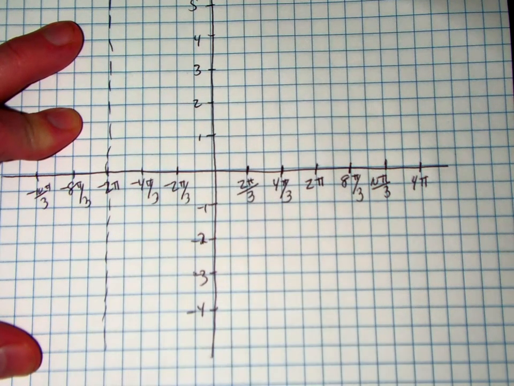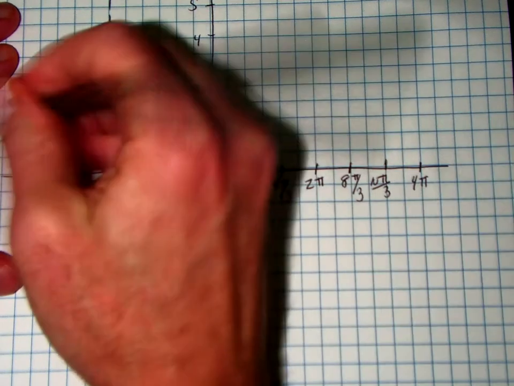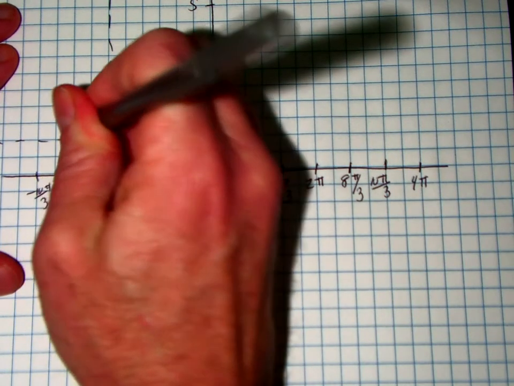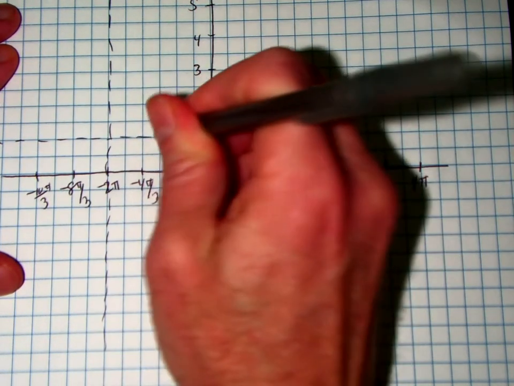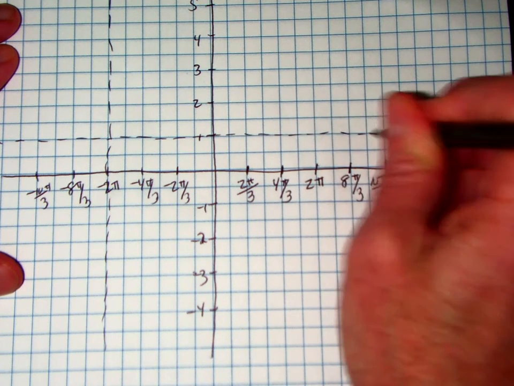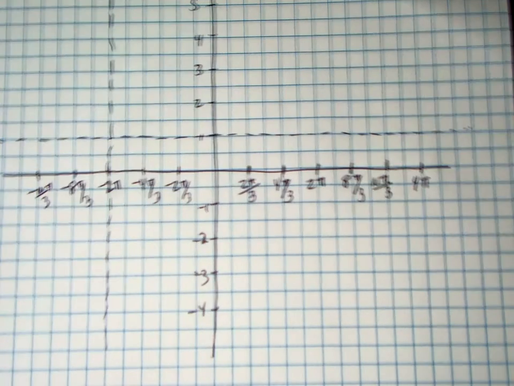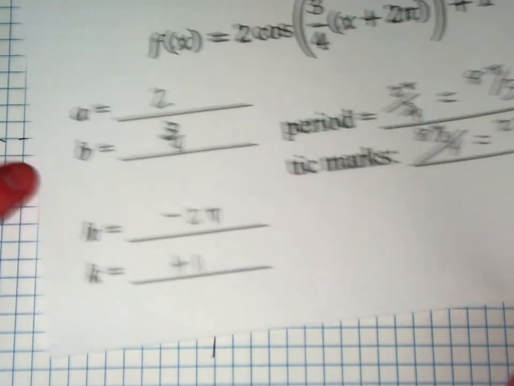And I'm going to draw another dotted line through my k value of positive 1. And again, I call this my equator, kind of the midline of the graph. And there we have it. So I've got my graph set up with all my information.